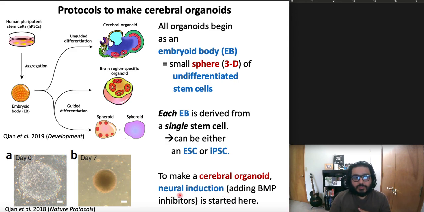So this term is very general, and each protocol has its own way. Each group of scientists, each lab has their own specific way that they induce an organoid, or there are specific ways to get specific kinds of organoids based on the induction that they use.